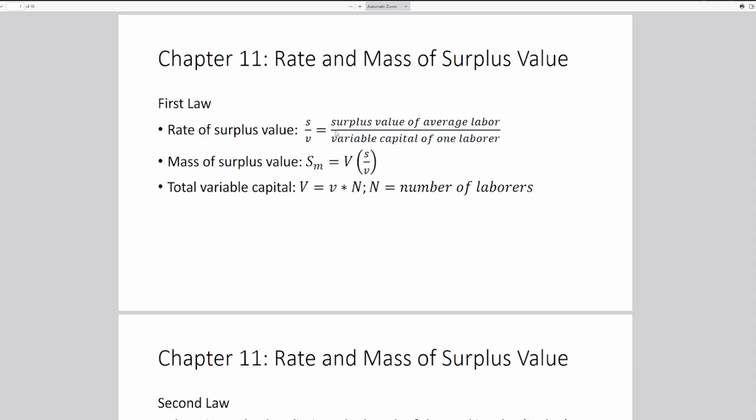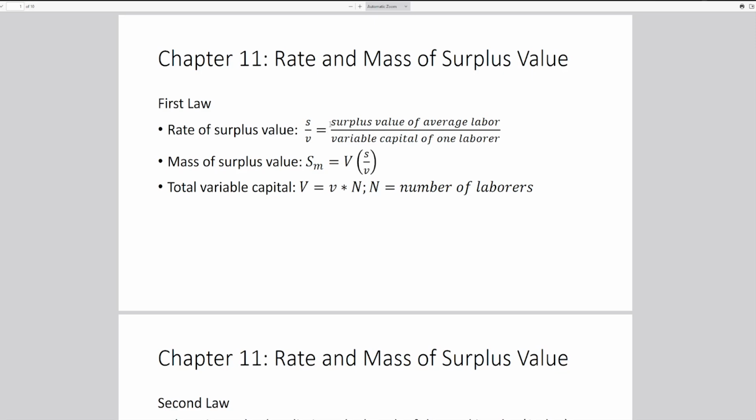Now, one major difference between the rate of surplus value and an efficiency: most times efficiencies can never be more than 100%, as a general rule of thumb. But your rate of surplus value can definitely be more than 100%.